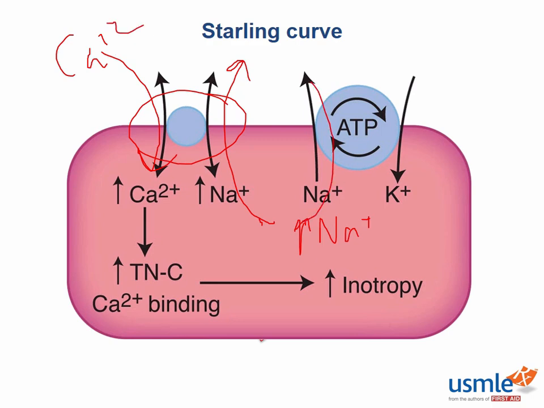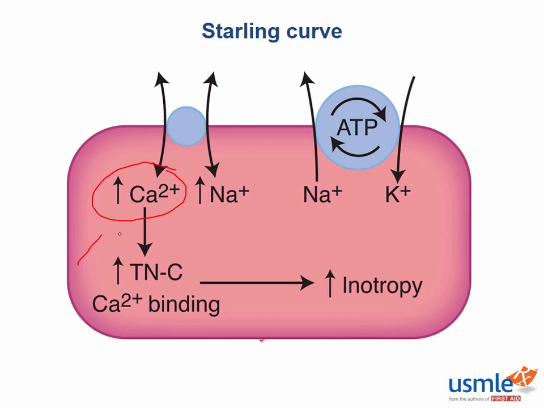So instead of sodium being exchanged for potassium in the sodium-potassium ATPase, we see sodium being exchanged for calcium in this sodium-calcium antiport right here. So that's how digoxin results in an increase in intracellular calcium. It blocks this sodium-potassium ATPase to drive calcium into the cell in exchange for built-up sodium.